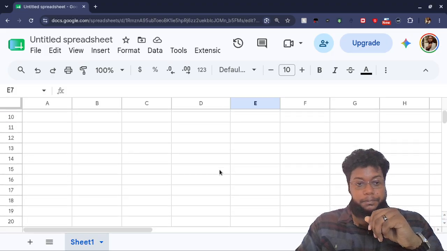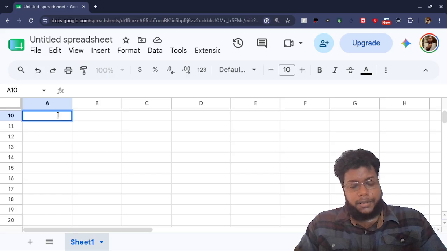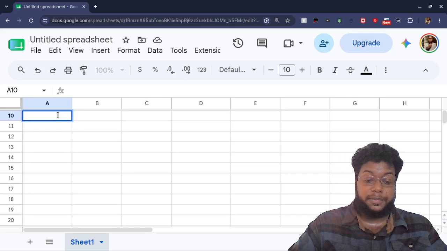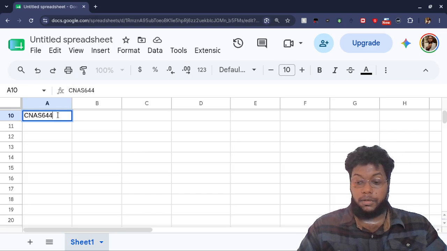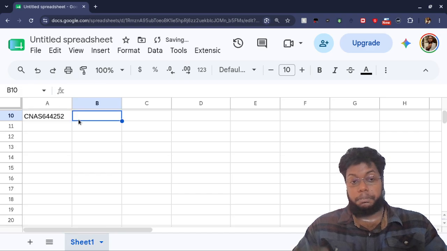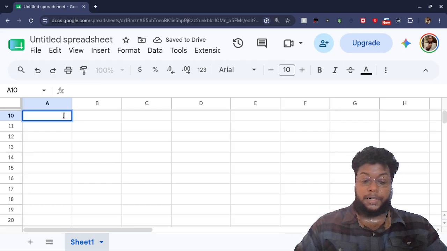Let's move on. So we're going to run the table one more time. What is the magic number? That's right. The magic acronym is CNAS: 64, 4, 252. See what I'm saying? Right? So let's break it down again.